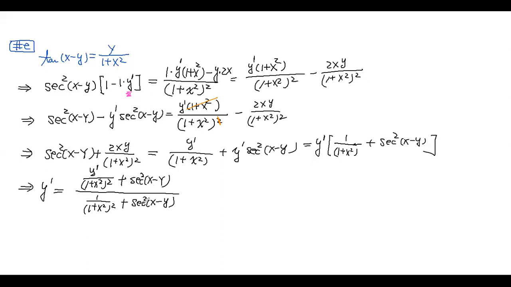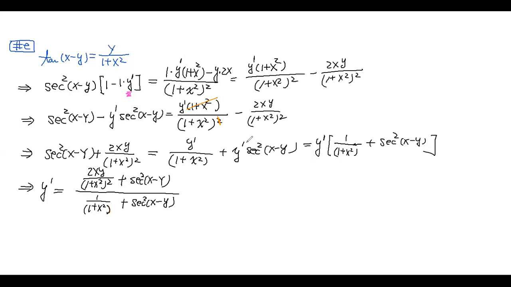So y prime will be 1 over, and here I need to be careful, no squares here, 1 plus x squared, secant squared. And on my left-hand side, I was not careful, this is 2xy. Okay, that's it. If you want to simplify, you can continue to simplify here.